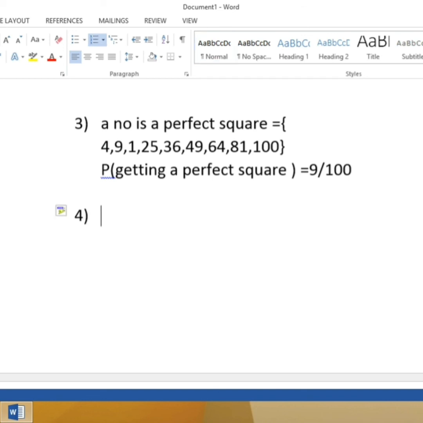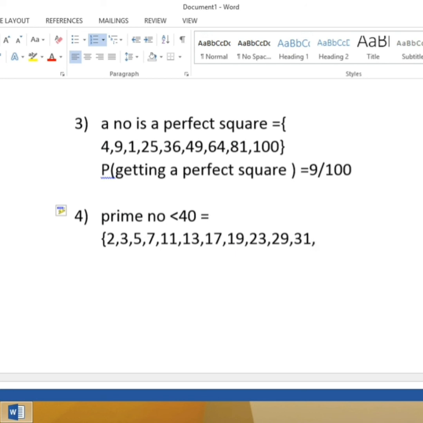Fourth part of the question, prime numbers less than 40. So what are those? We need to list them out: 2, 3, 5, 7, 11, 13, 17, 19, 23, 29, 31, 37.